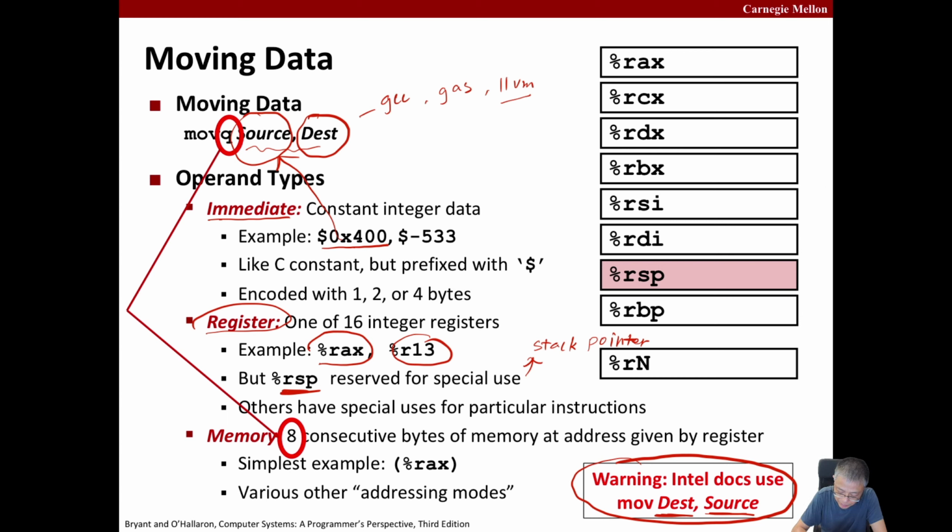It can also be memory. Normally when you see parentheses around a register, it means that the address is contained in this register, and you are trying to access the memory pointed to by this address. Okay, so this is how they express accessing the memory.